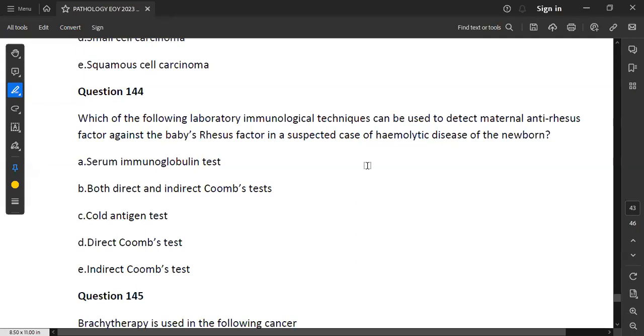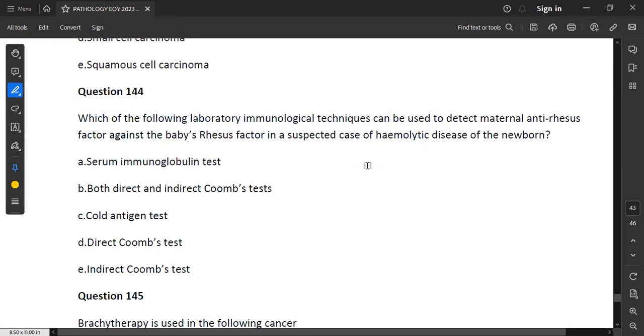In a Coombs test, you're trying to detect antibodies against an antigen, right? The difference between direct and indirect is the location of those antibodies. The direct test uses the Coombs reagents to detect the presence of antibodies or complement on the surface of a red blood cell.